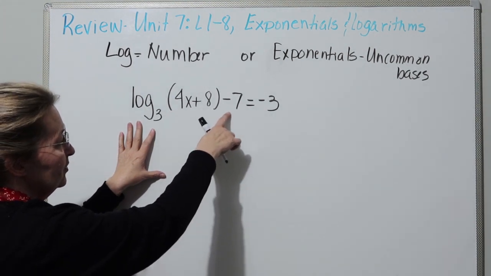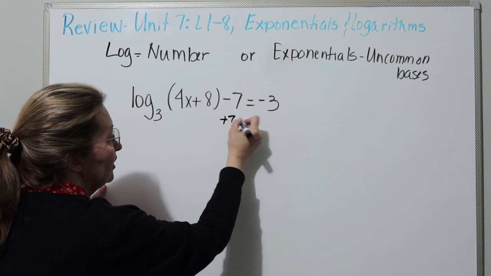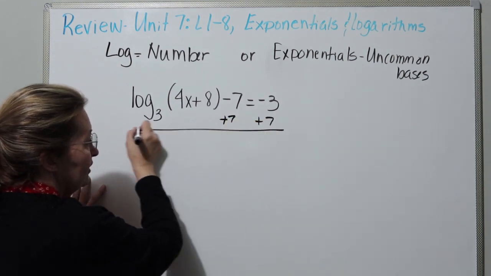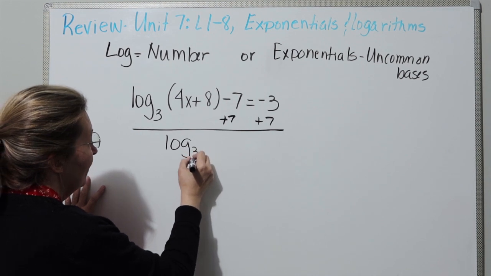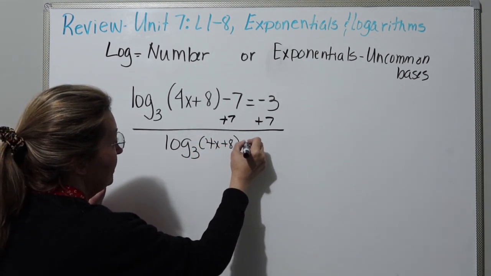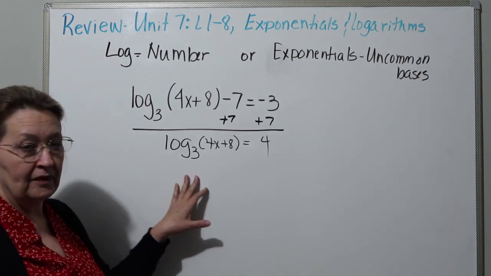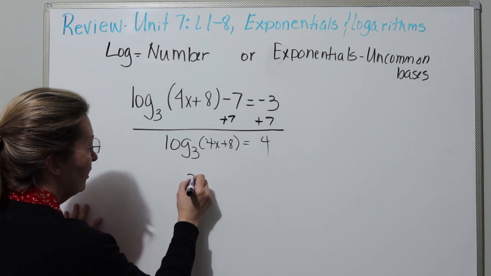It's not condensed because there's a minus 7 down here. So first, let's move it over to the other side, add 7 to each side. Now I have log base 3 of 4x plus 8 equals 4. Okay? Now I'm ready to go to exponential form.